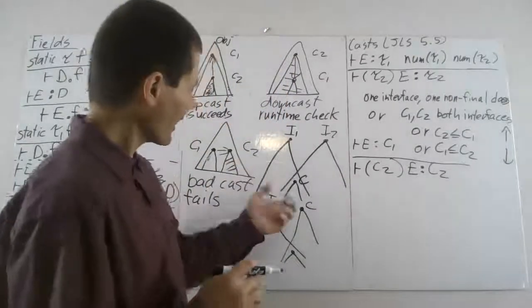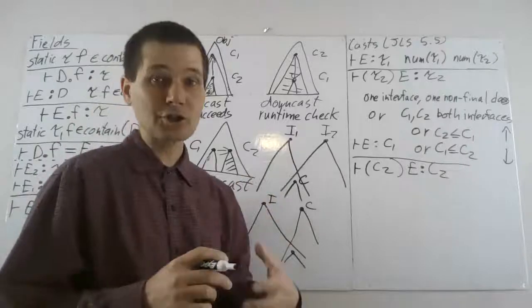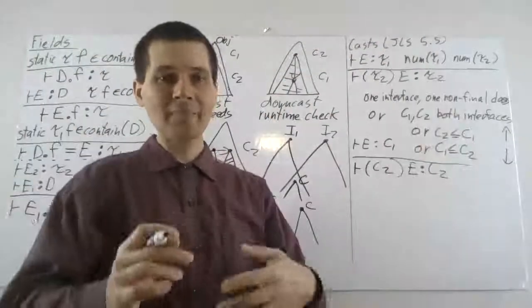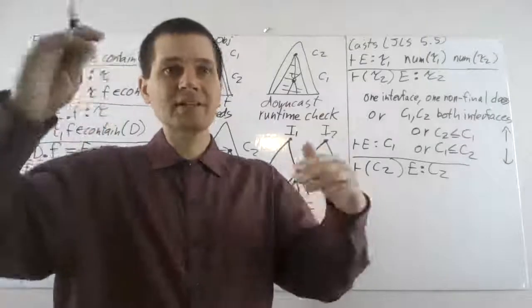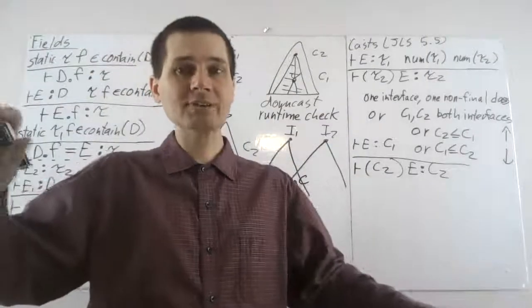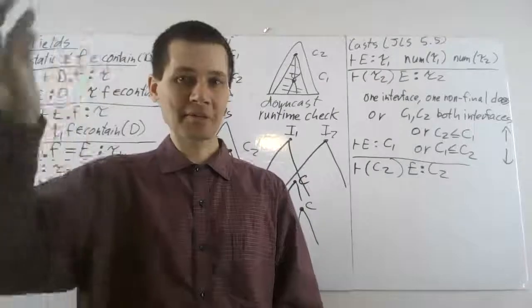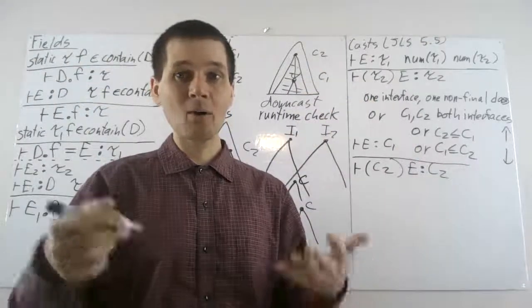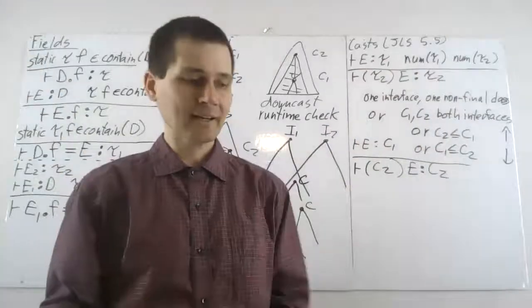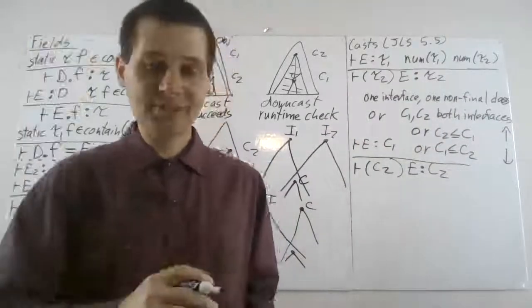But in Java, there isn't this notion of having the whole program and knowing, okay, the program consists of only these classes and no more classes. Java wants to be open to adding additional classes to an existing program, right?